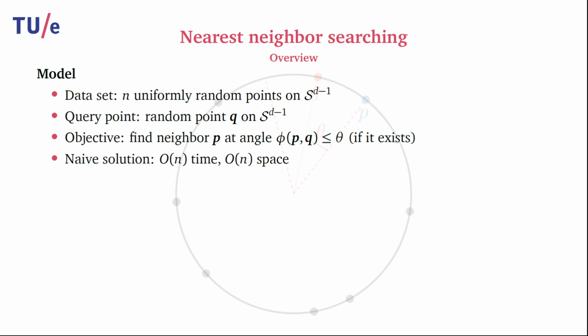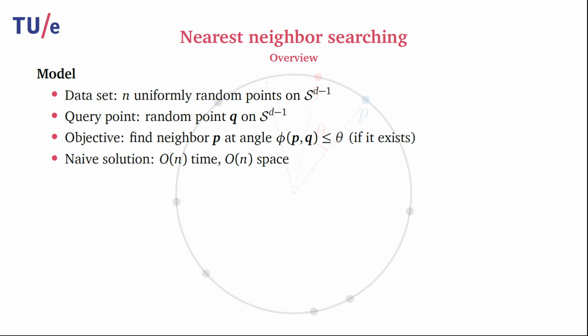Just to clearly state the model that I'm assuming here: the dataset consists of n uniformly random points on a d-dimensional sphere, where n is the size of the dataset and d the dimension that we are working in. The query point is some random point on the sphere as well. So the dataset is random, the query point is random.